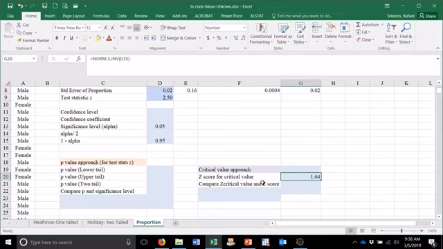Okay, so now I can compare the z I found on my test with the z critical, and the rule is, I'm simply adjusting the format here.